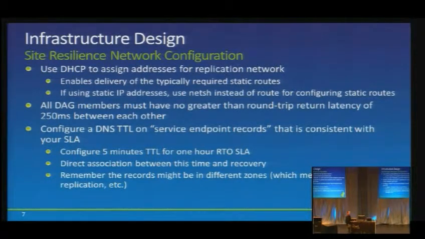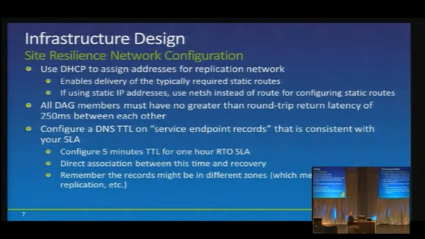And generally, you're going to want to make it relative to your SLAs. So for every hour of SLA that you have for your recovery time objective, you're going to want to set a 5-minute DNS TTL. So if your RTO is 1 hour, just set the TTL on the DNS records for those namespaces to 5 minutes. It's a very short time. It ensures that the clients will pick up those changes right away without having to manually refresh their DNS cache.